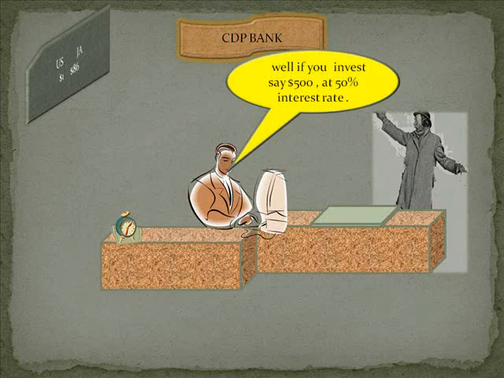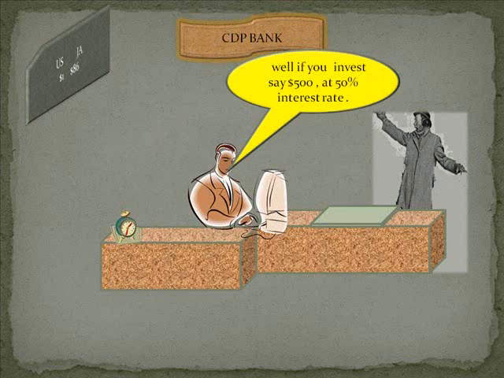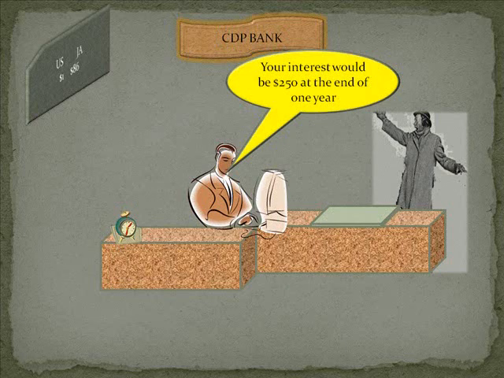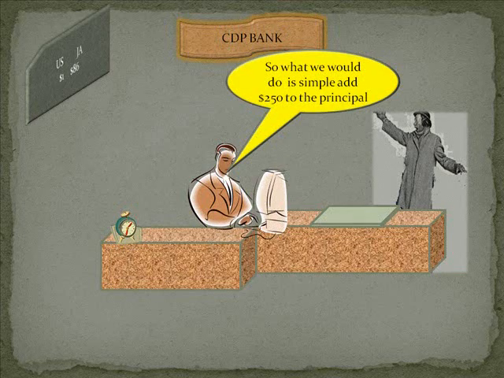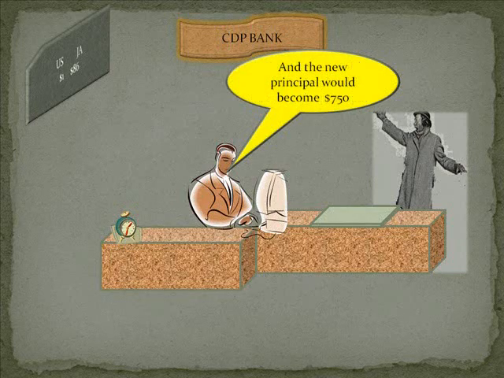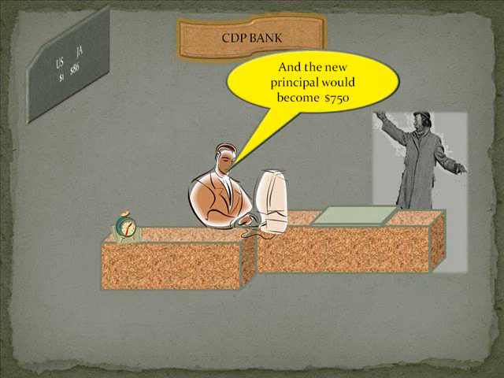Well, if you invest, say, $500 at a 50% interest rate, your interest would be $250 at the end of 1 year. So, what we would do is simply add $250 to the principal, and the new principal would become $750.